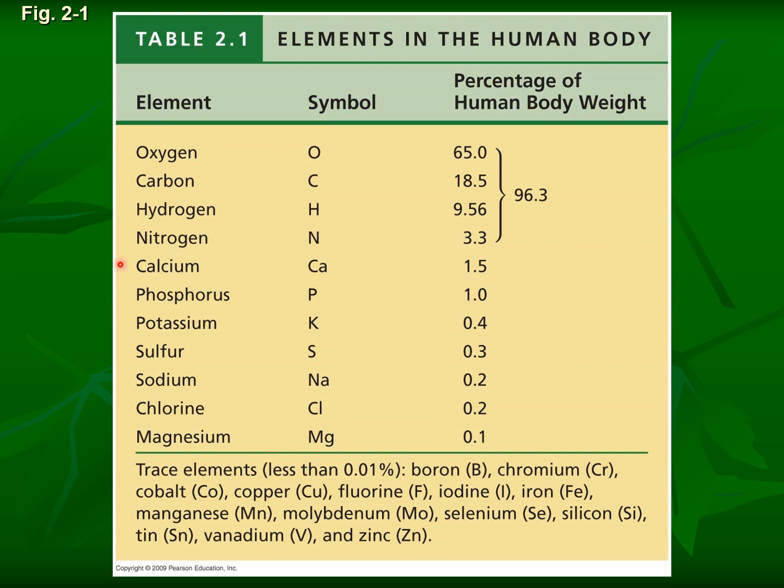But then there are additional ones like calcium, potassium, sodium, magnesium, etc. And then there are some trace elements that are also found. So what we're talking about is like oxygen. You cannot break oxygen down into smaller component pieces under normal chemical means.